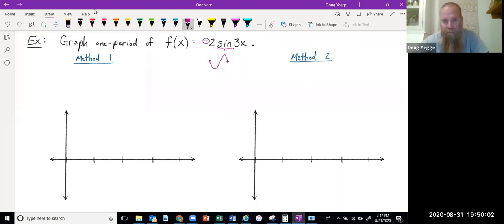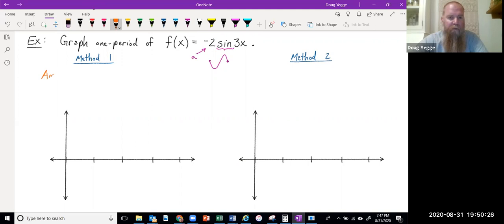So the nice thing about what we can do first is just see the basic shape. We call that the parent function. But then we want to take a look at what this coefficient represents. We refer to that oftentimes as A. So this value right here is A. And A represents the amplitude of this function.